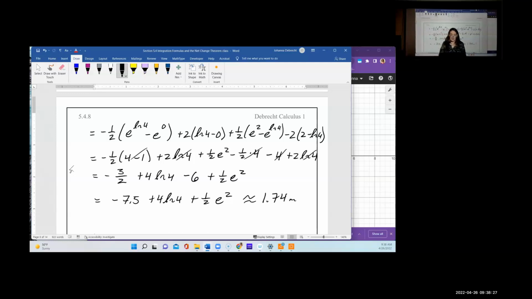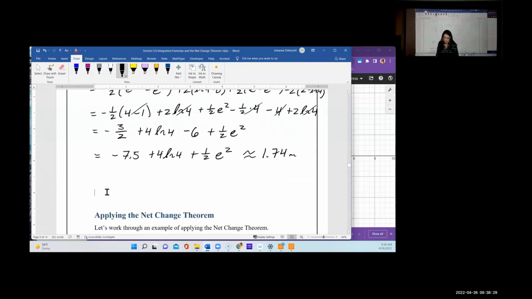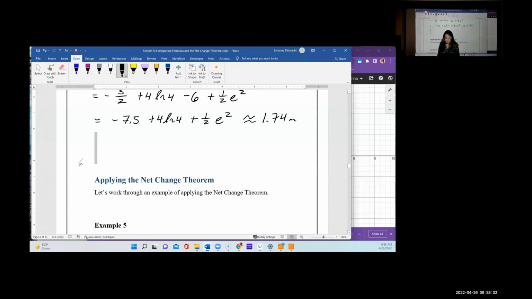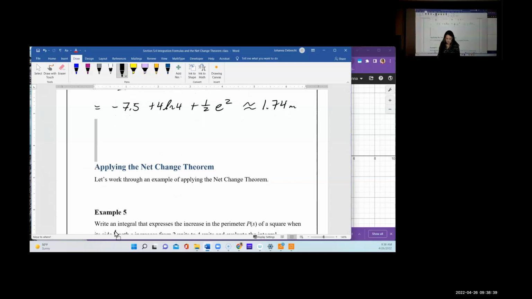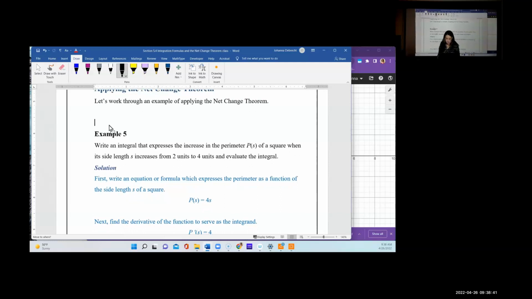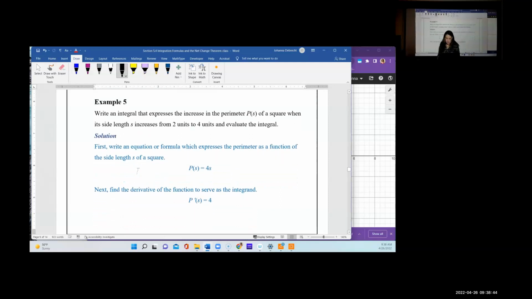Okay, now we want to apply the net change theorem to this problem right here. We're going to work through an example using the net change theorem. So let's take a look at it. When we're looking at example 5, what it says is write an integral that expresses the increase in the perimeter of a square when its side length s increases from 2 units to 4 units, and evaluate the integral.